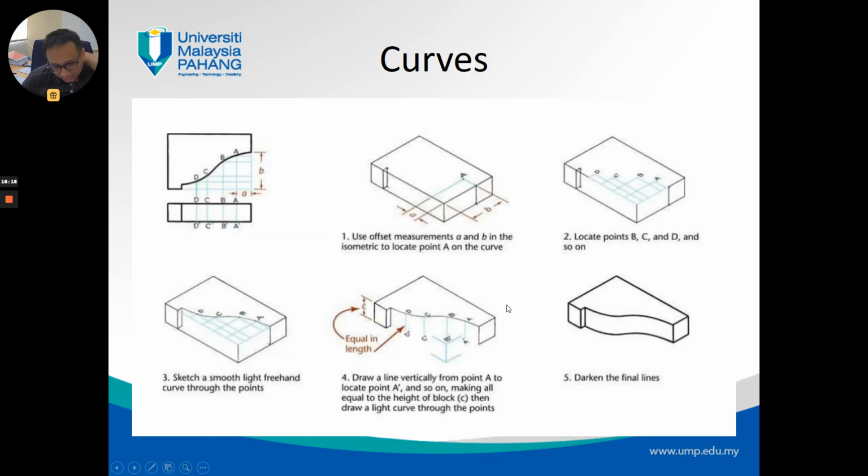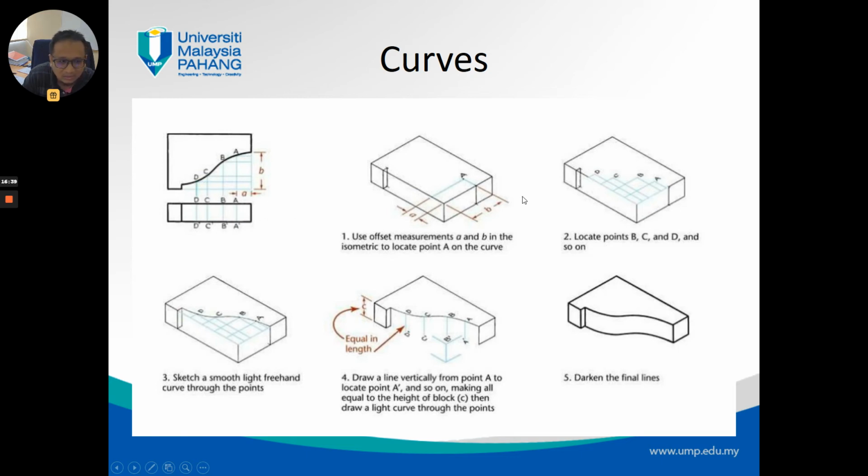The curve is pretty difficult also, but the way to draw a curve, okay, is the same as what you do in the point reference line. You have to make sure that the A, B, C and D here correspond to what the diagram at the front view is.